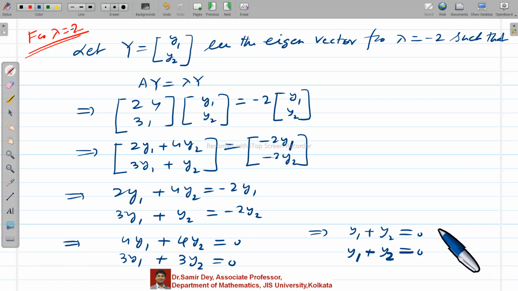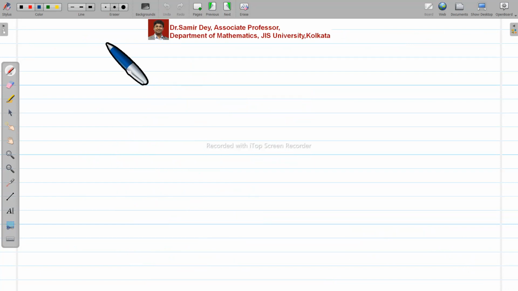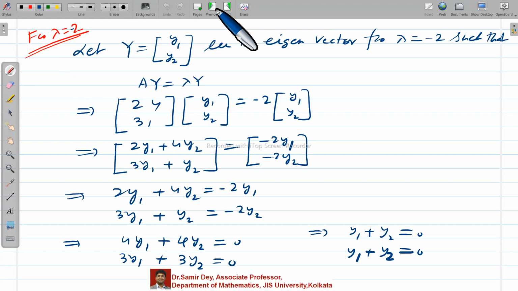So ultimately you have only one equation, that is y1 plus y2 is equal to 0. Clear? Is it clear to all of you? Very simple. You just have to follow the steps line by line.